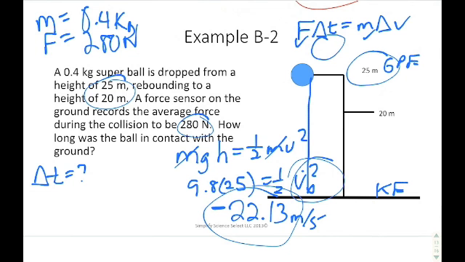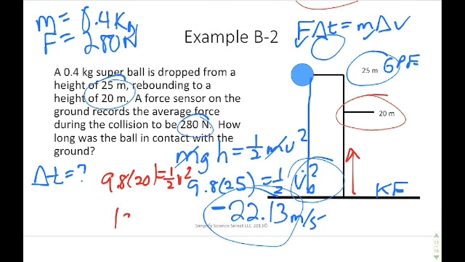We need to do the exact same thing for the ball when it's on its way up. Mgh is 1/2 mv squared, or 9.8 times, in our case, 20 equals 1/2 v squared. When we do it that way, you would get 9.8 times 40, and you take the square root of that value, and you get 19.80.